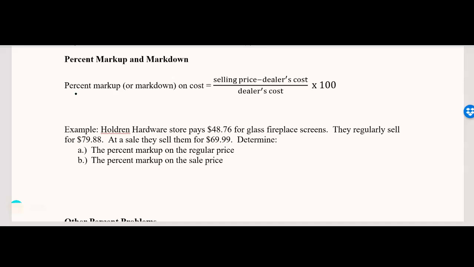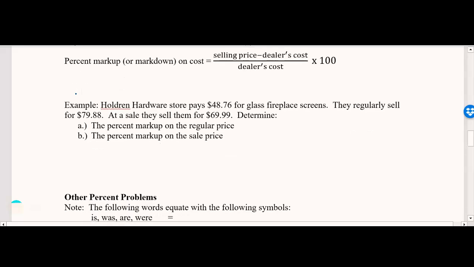Well, let's start with this example here. Holdren Hardware Store pays $48.76 for glass fireplace screens. They regularly sell for $79.88. We're going to determine 2 things. 1, the percent markup on the regular price, and then the percent markup on the sale price.